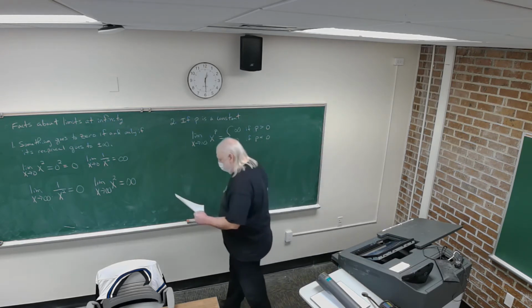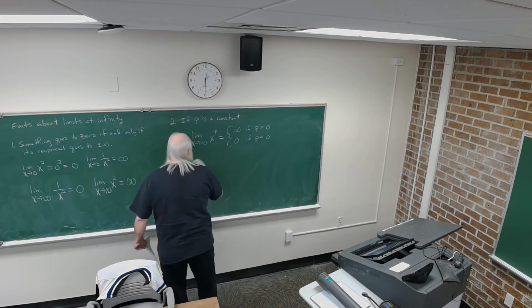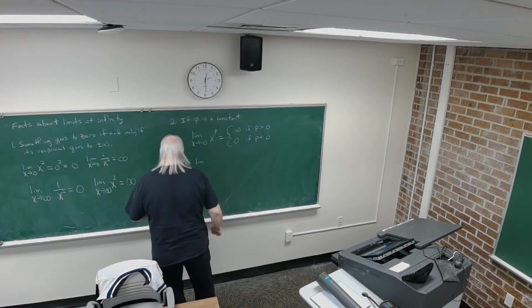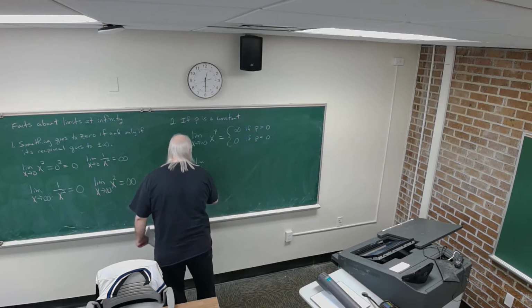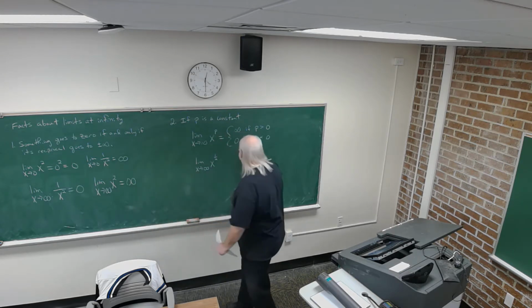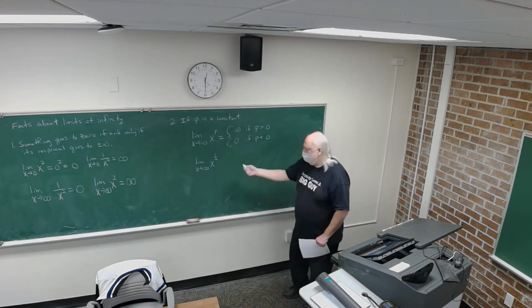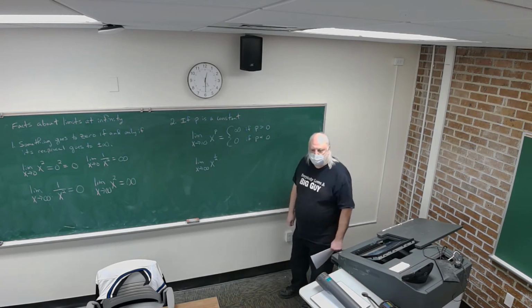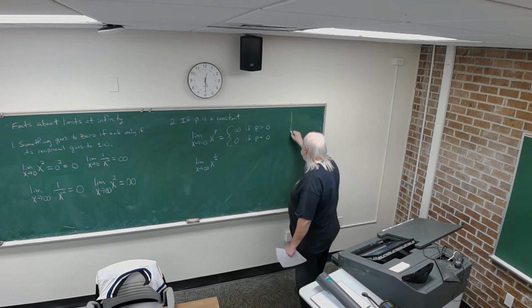So as an example, let's use p equals 1/2. The limit as x increases without bound of x to the 1/2. So x to the 1/2 is positive, x to the 1/2 is the square root function, right?